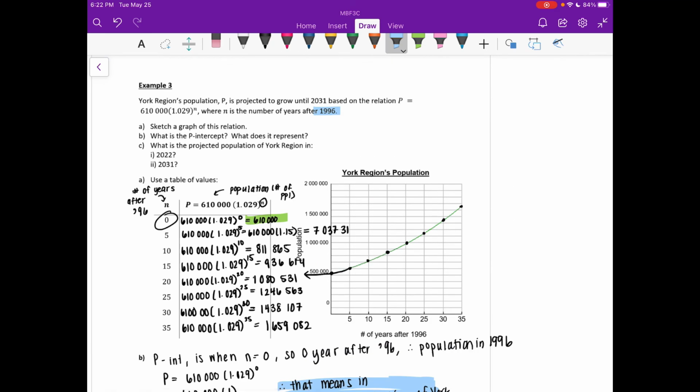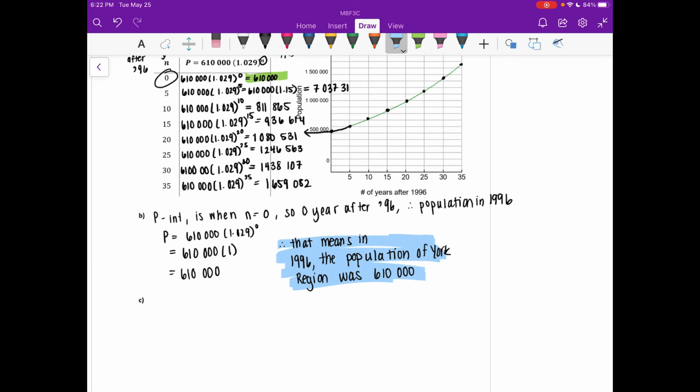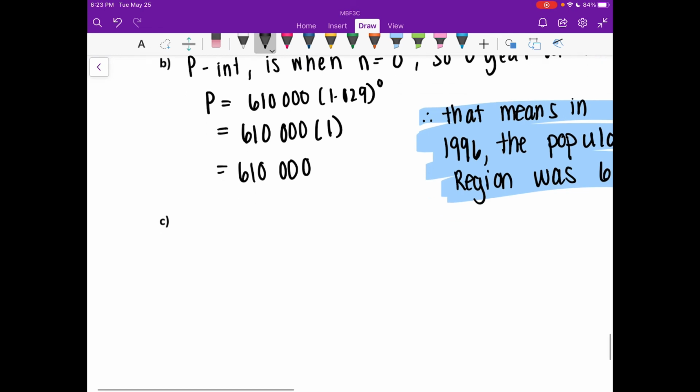So then, what's the projected population of York Region in 2022? The first thing you want to find out when you're looking for a future value is, what is n in 2022? We can find that out because n is a number of years after 1996.